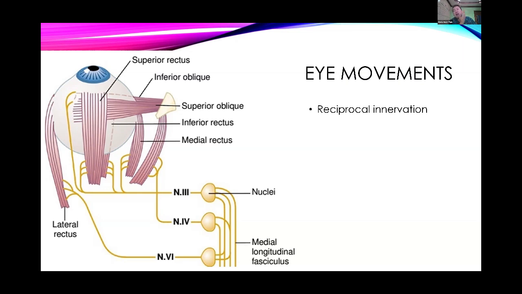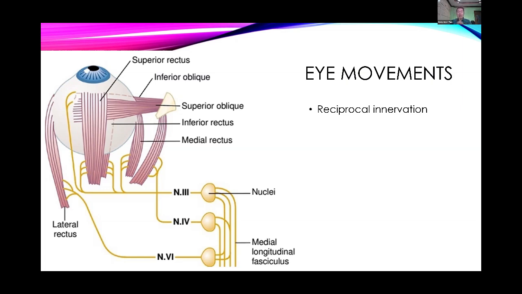It will tell the cranial nerve 6 of the left eye to relax so it will not be pulled towards the left. Otherwise, your eyes would be like a goldfish, separated. So it is the medial longitudinal fasciculus that enables your cranial nerves to have reciprocal innervation. If I am stimulating this one, the contralateral eye should be inhibited.